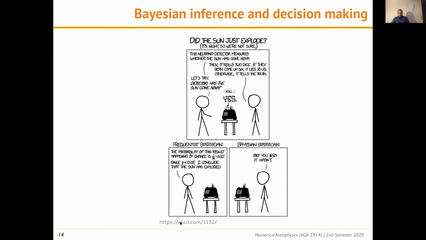This is an XKCD comic. There is a lot of philosophical discussion embedded in here, which I'll not get into, but I find it very interesting. However, why do I find this funny? Because Bayesian is a subjective view of statistics.